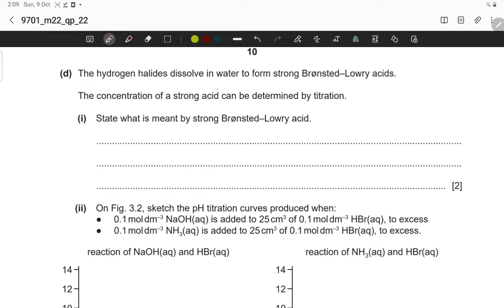The hydrogen halides dissolve in water to form strong Bronsted-Lowry acids. The concentration of a strong acid can be determined by titration. State what is meant by a strong Bronsted-Lowry acid. According to Bronsted-Lowry, a proton donor is an acid and a proton acceptor is a base.